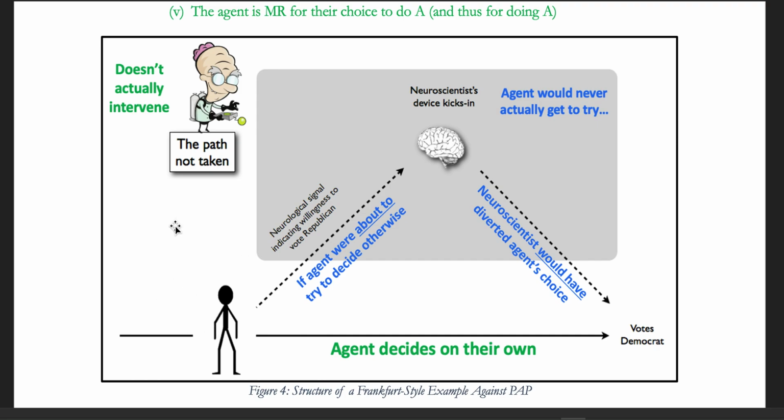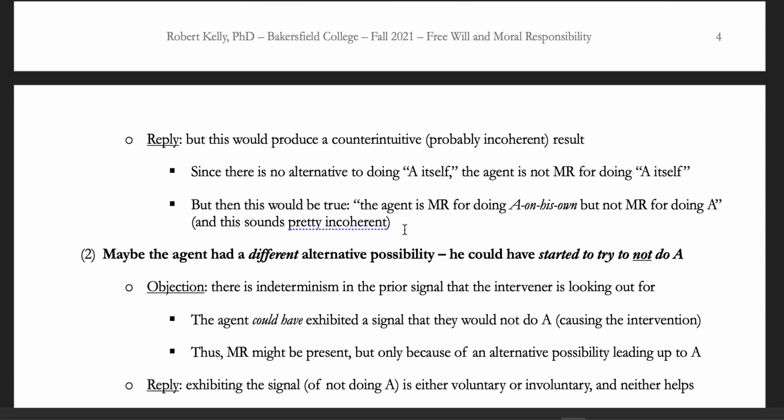And so then we have just another kind of intervention thing going on here where, okay, they make it so that you could try to not do the signal, but if you try to not do the signal, then they'll force you to not do the signal. You just get the same setup, but you just push it back. Instead of asking about the decision to do this, we're asking about the decision to make the signal or not. So we can just push this all back. So that doesn't really help.